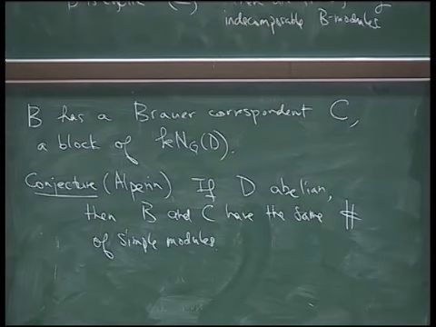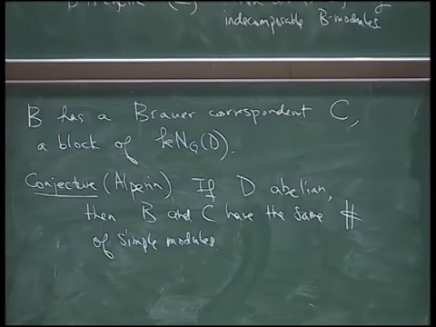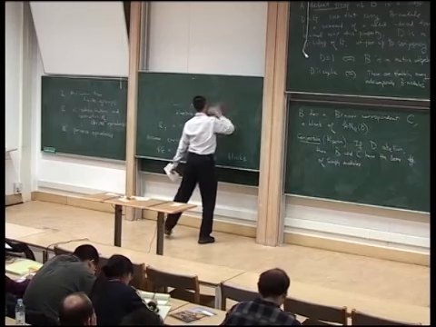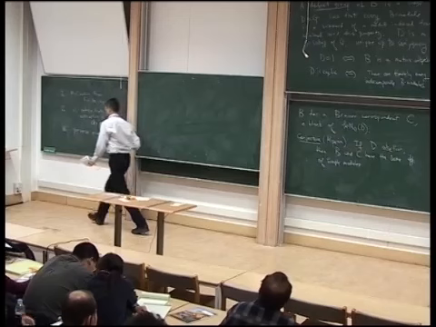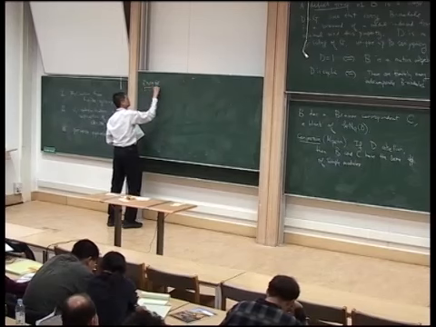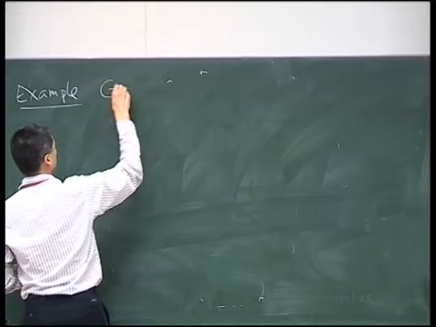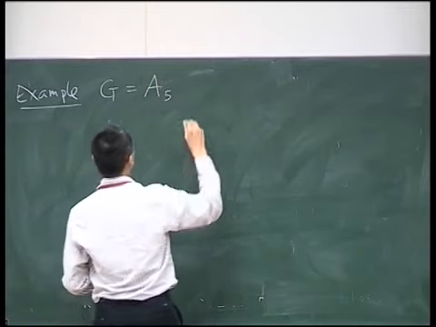Let's look at a couple of examples. Let's consider the group to be the alternating group of degree 5 at the prime 3.